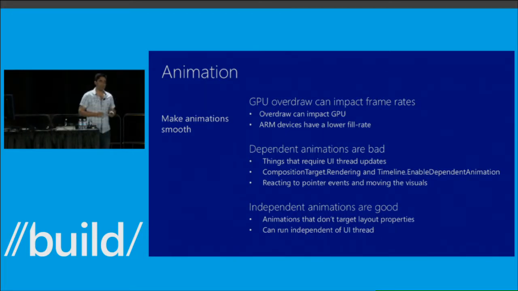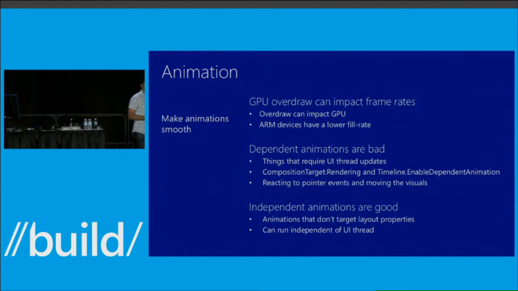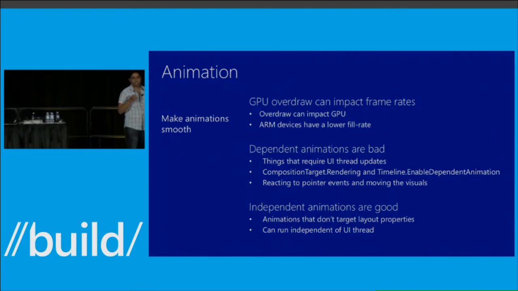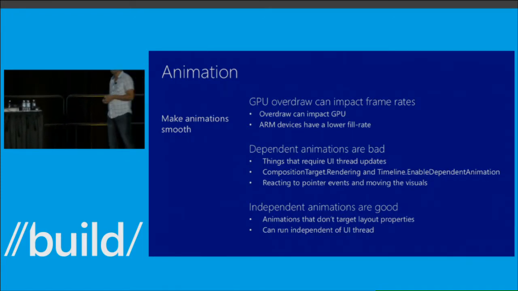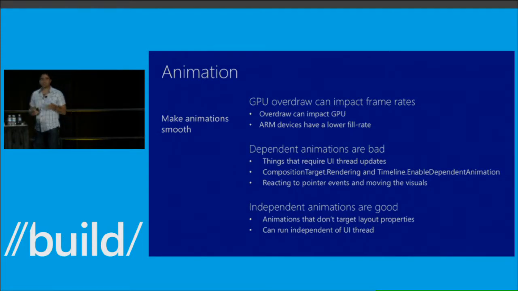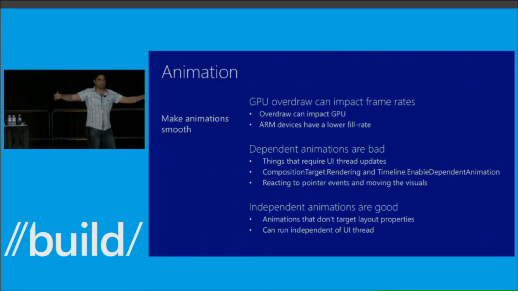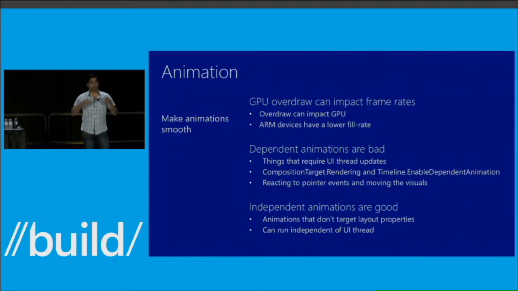If you have an independent animation, you have to make sure of one more thing, that your GPU overdraw is low. So what is GPU overdraw? GPU overdraw is where the GPU is trying to draw the same pixel multiple times. Imagine you have a full screen canvas with a red background on it, and then you have a small rectangle on top of it, which also happens to have a red background or a green background.